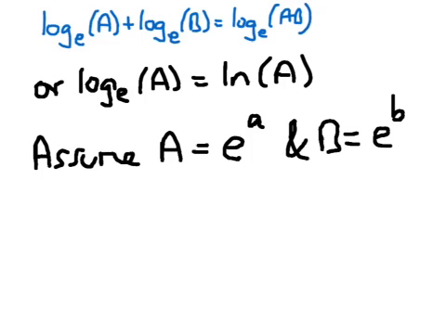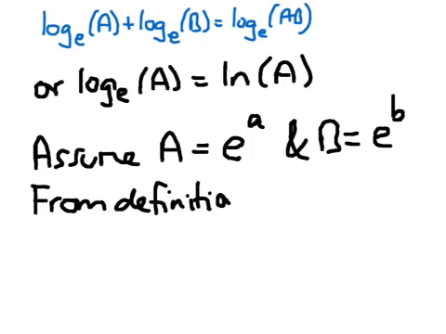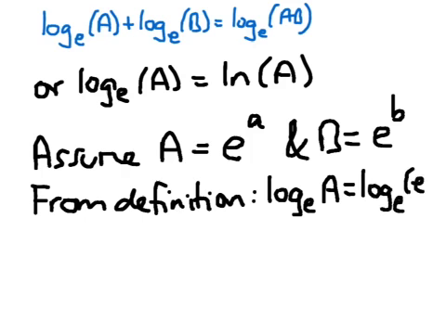So if we do this, then from the definition of a logarithm, the logarithm to the base e, the natural log of capital A, is the natural log to the base e of e to the little a, and that from the definition is just going to be little a. So I'll just make a little bit of room and write that.